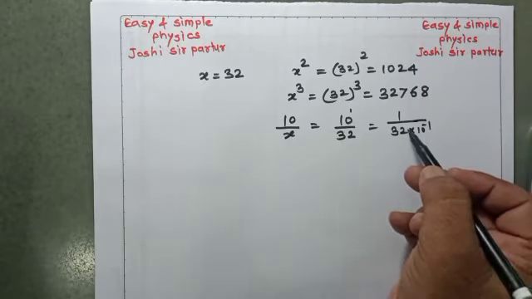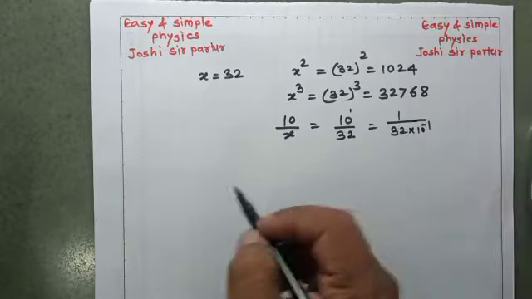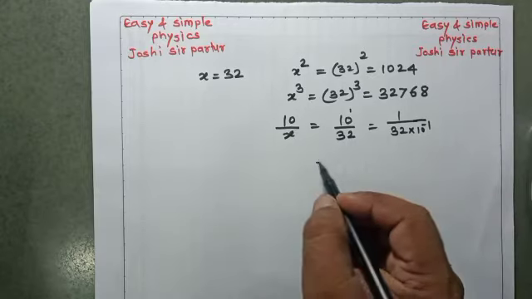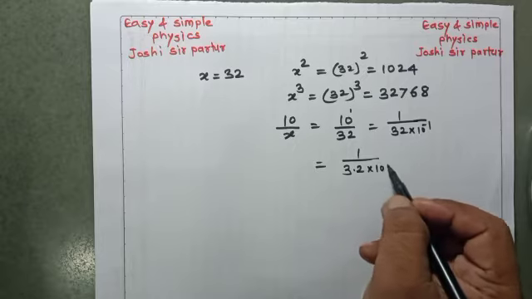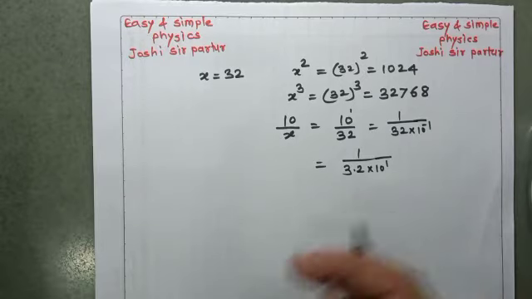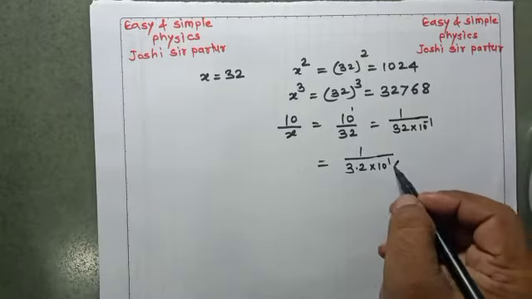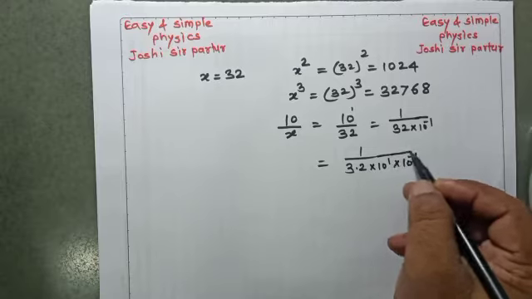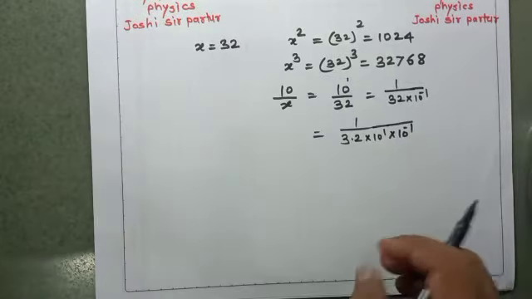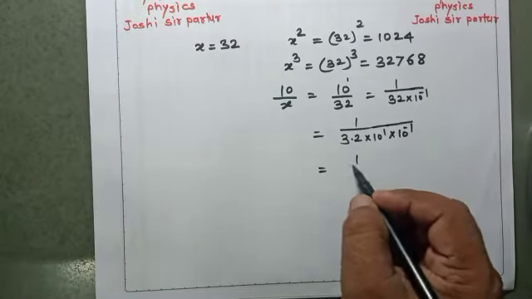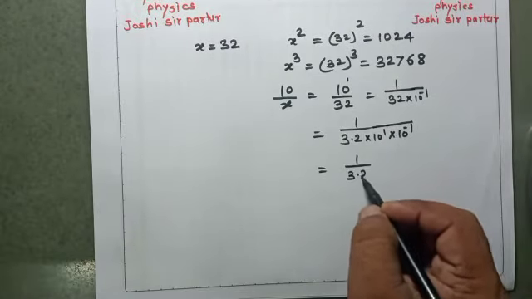When the decimal is shifted between 3 and 2, that is 1 upon 3.2 into 10 to the power 1, because the decimal is shifted in the negative direction by 1 digit. So 10 raised to 1 multiplied by 10 raised to minus 1: minus 1 plus 1 gives 10 raised to 0, and 10 raised to 0 has value 1. So here 1 upon 3.2.